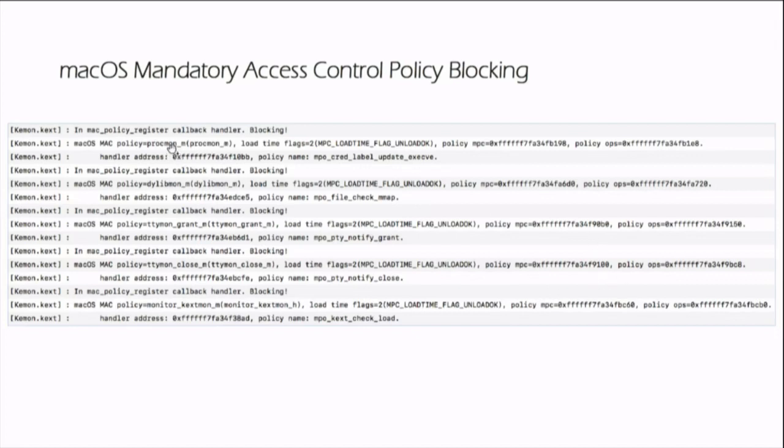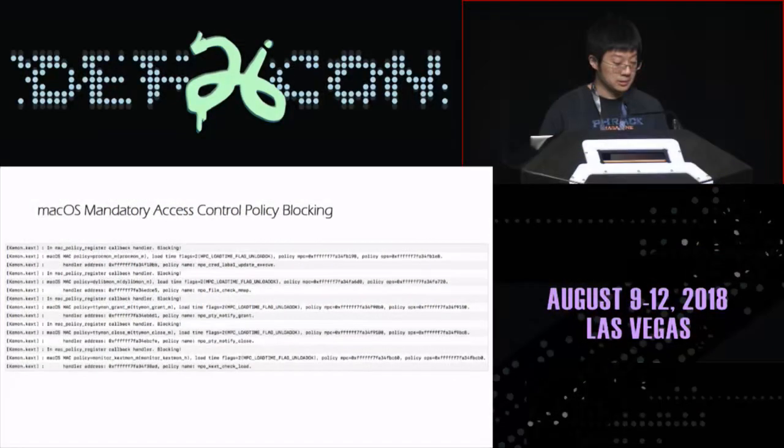The first one is for process monitoring. The second one is for dynamic library monitoring. The third one is for keyboard monitoring, and the fourth is file operation. The last one is kernel extension. And Kmon can block those requests. Here's an example.